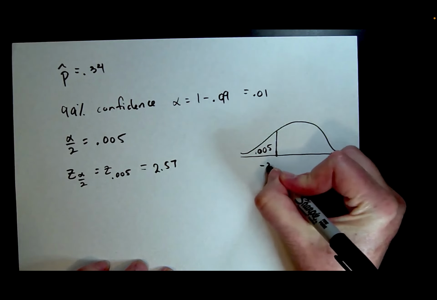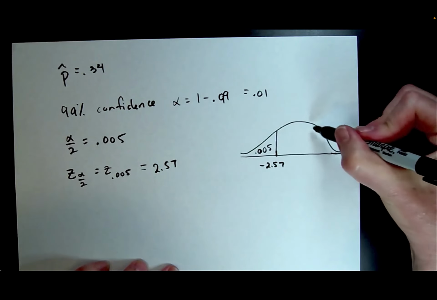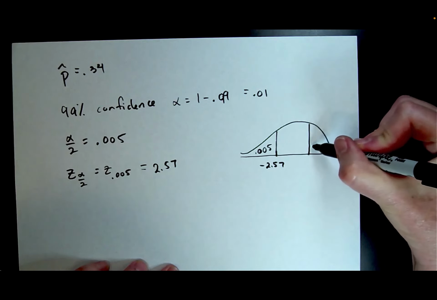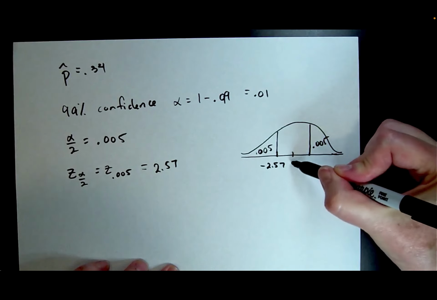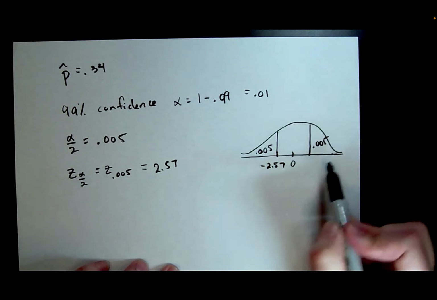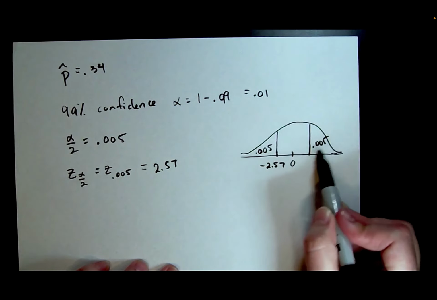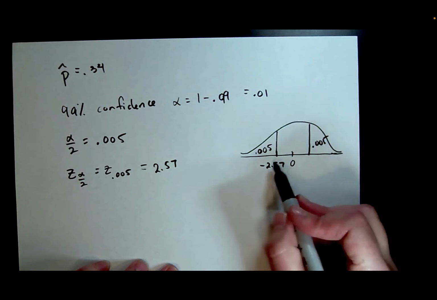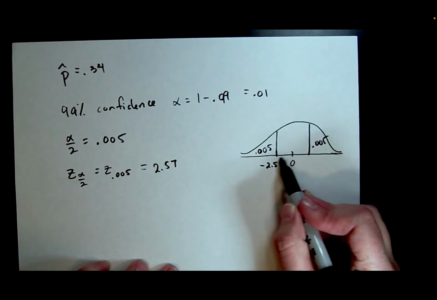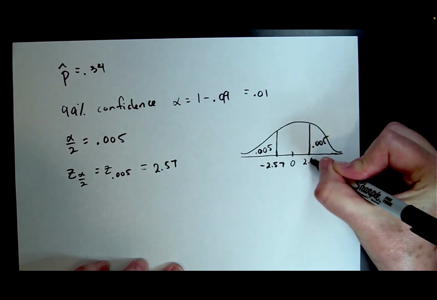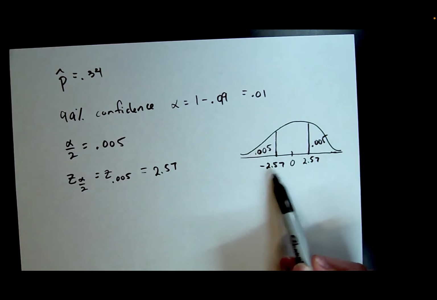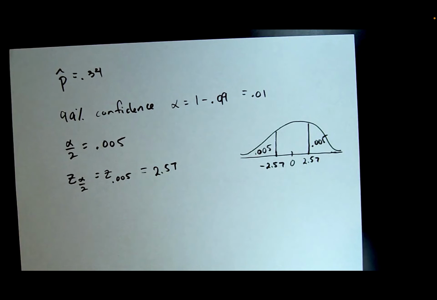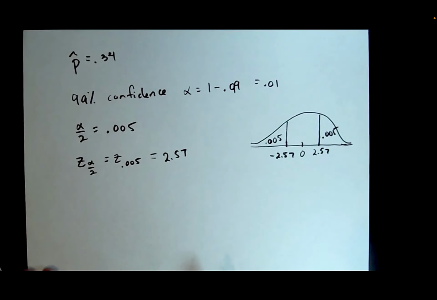The table gave us negative 2.57. What I actually want, though, is the z value that has 0.005 to the right of it, but I know that this is centered around 0, and that to get that same amount of area to the right, I'd go the same distance to the right as the table told me I had to be to the left. So you just use the table to get this number and take the minus sign off to get that number. Okay, so there's our z sub alpha over 2.